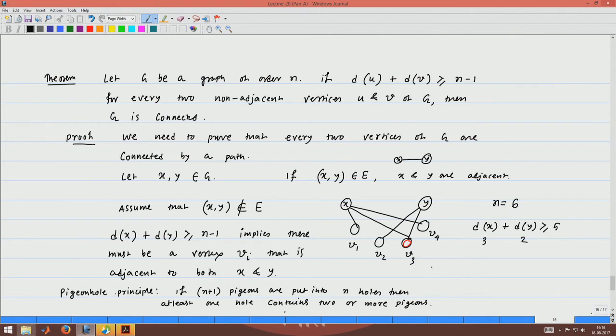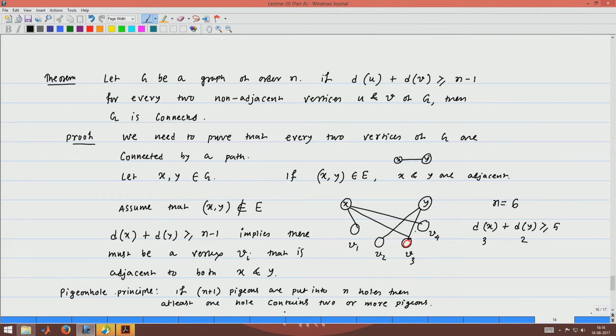So, in terms of the pigeonhole principle, you have 4 holes. Every vertex is like a hole, and one edge corresponds to one pigeon coming here.